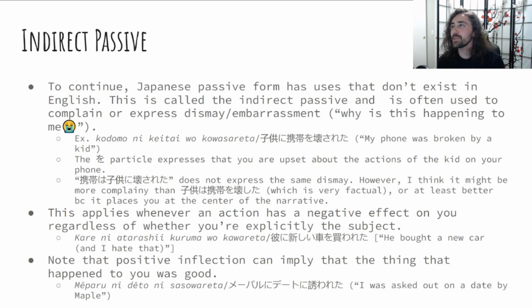Yeah, and this is one of those things that I think you can conceptualize, you can see how you're going to use it, right? Like someone does something to you, like, oh, I was hit or shot by that person, and you're expressing dismay about it.